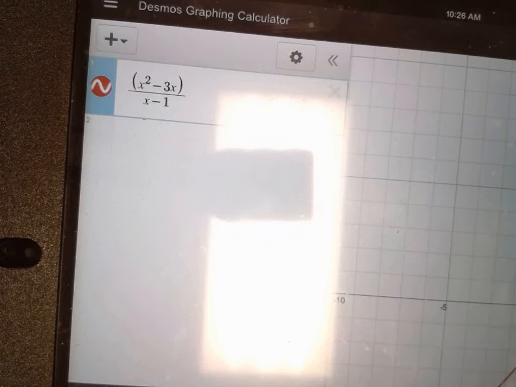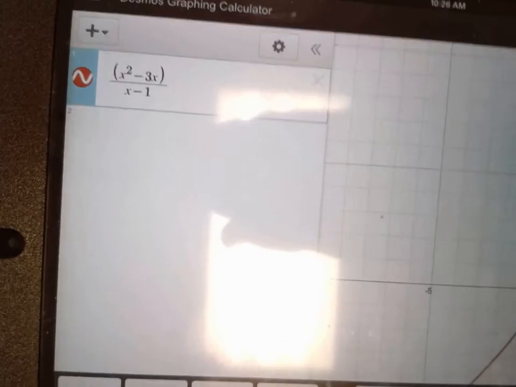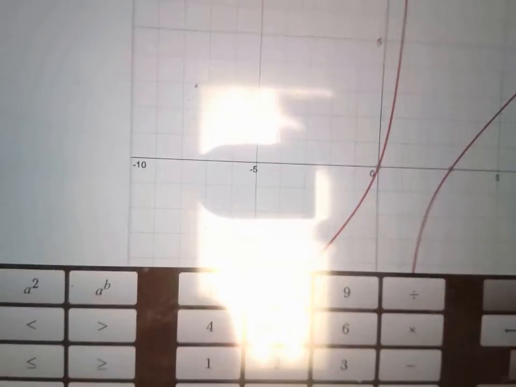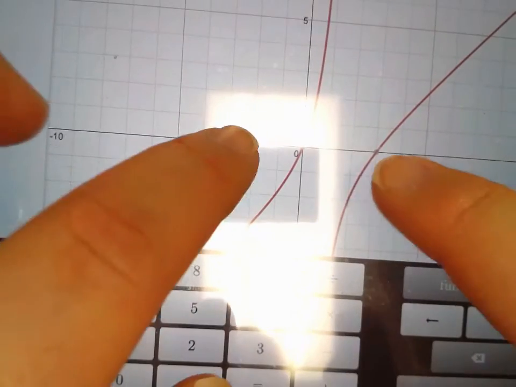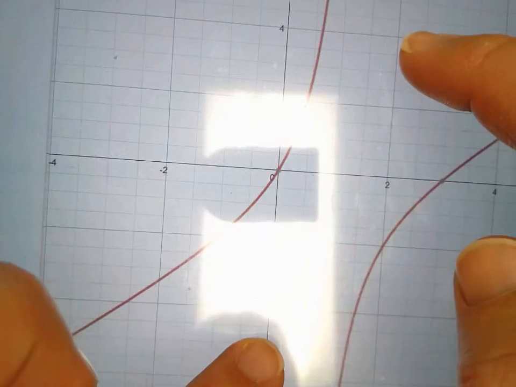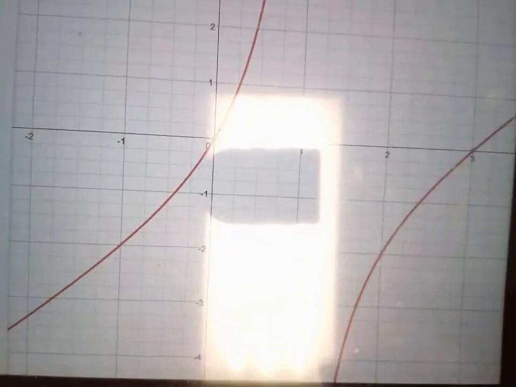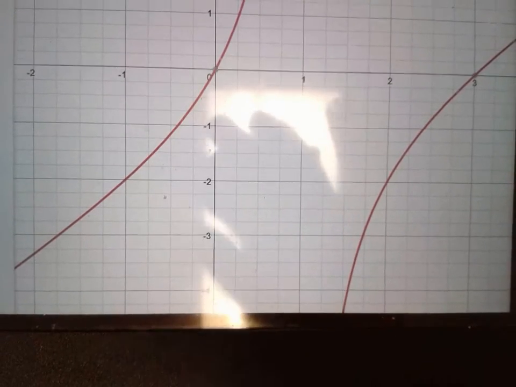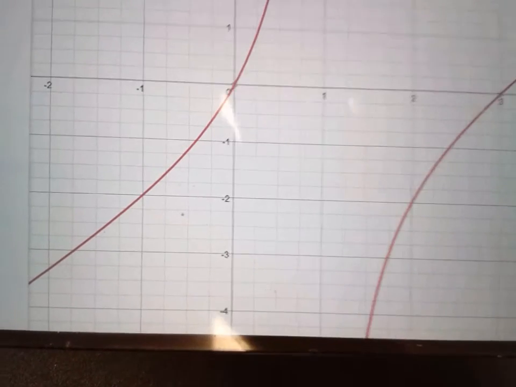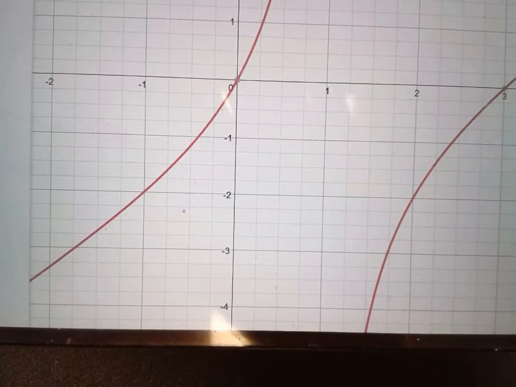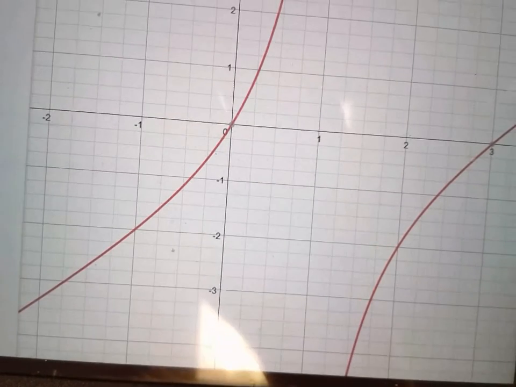As I look at that, we have this graph. That glare is really annoying. As x approaches 1, I do have a vertical asymptote.